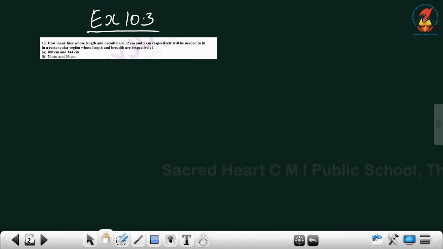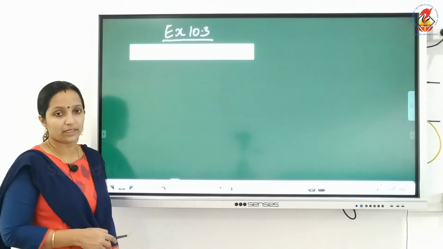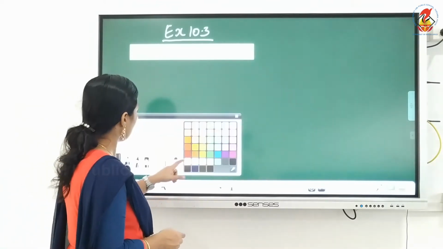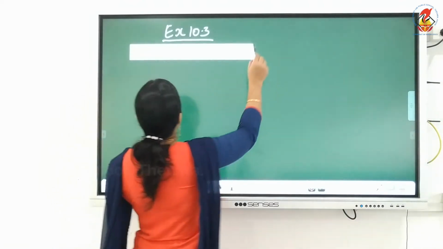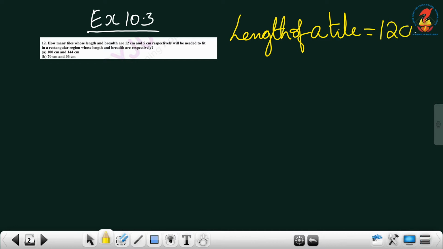First we will find out how many tiles are required in the first rectangular region. What is given in the question? The length of a tile is 12 centimeter.